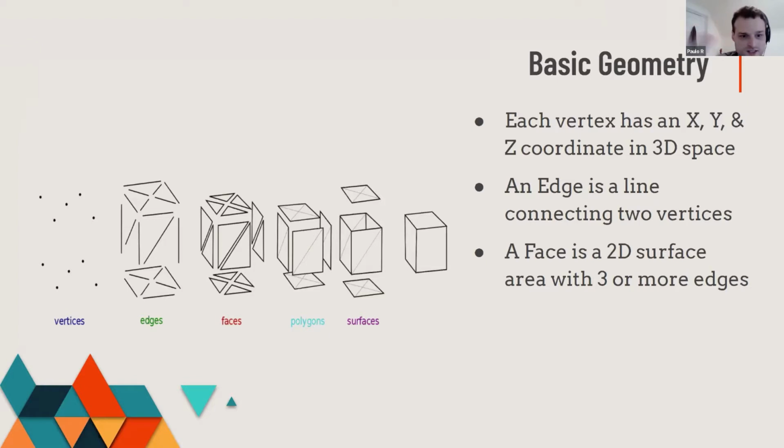The face would be like a surface of an object, and polygons are essentially groups of faces, and the distinction between a face and a polygon can vary depending on what you're doing, but basically vertices, edges, and faces are definitely the 3 most important concepts to understand with regards to 3D objects.